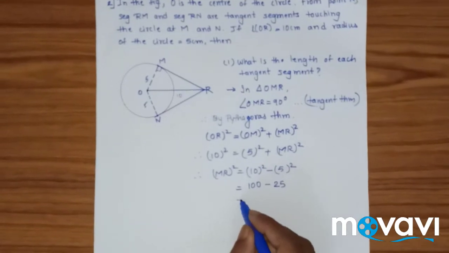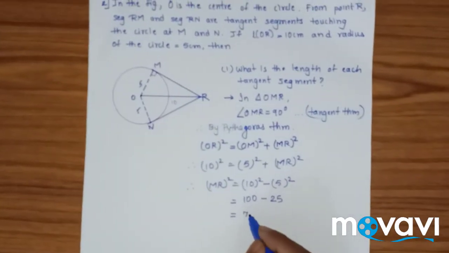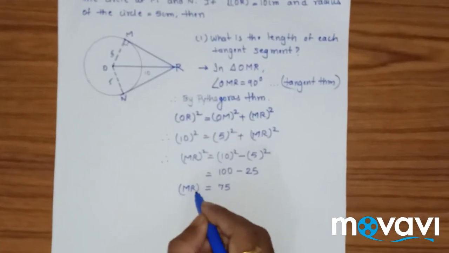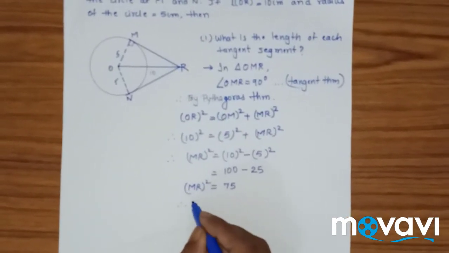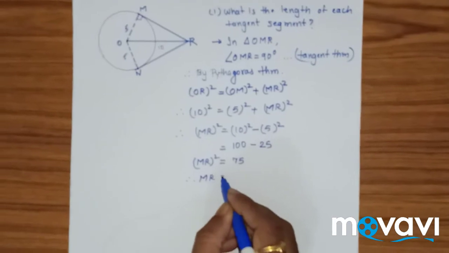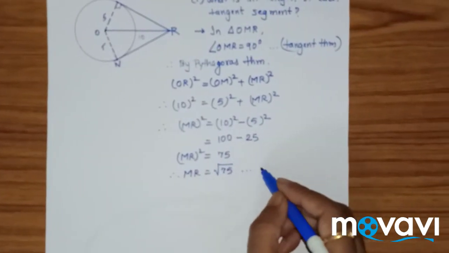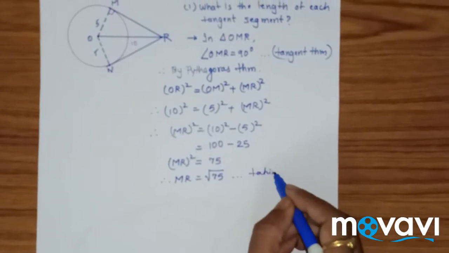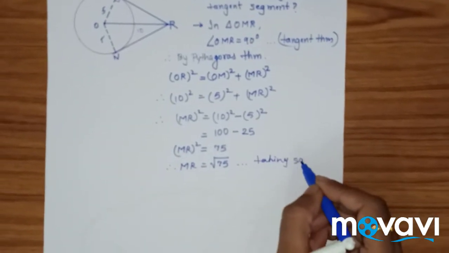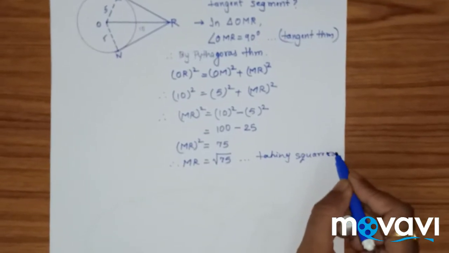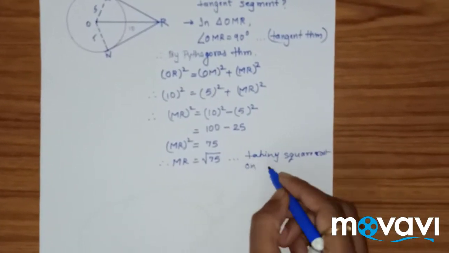What is 100 minus 25? It is 75. But this is MR square. So what will be MR? Under root 75. This is by taking square root on both the sides.